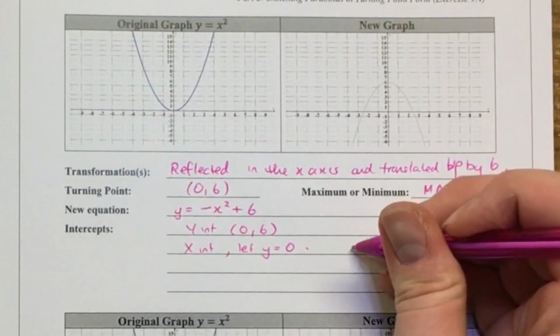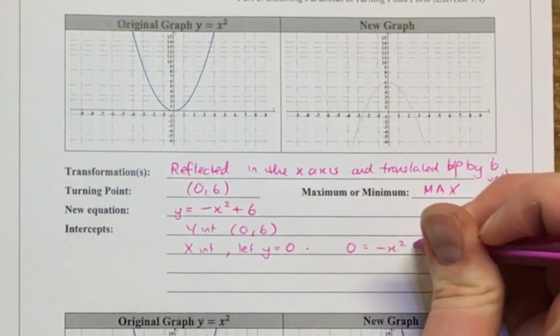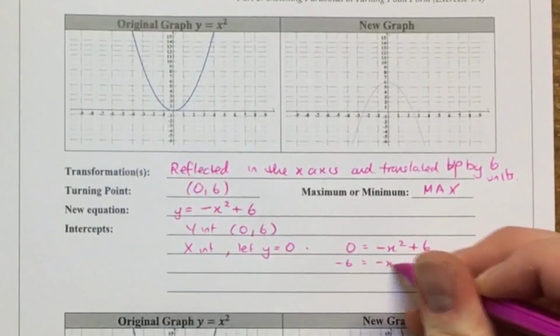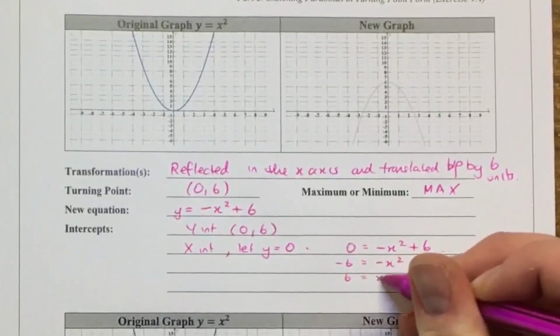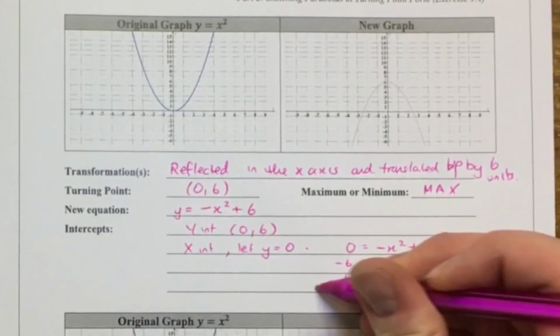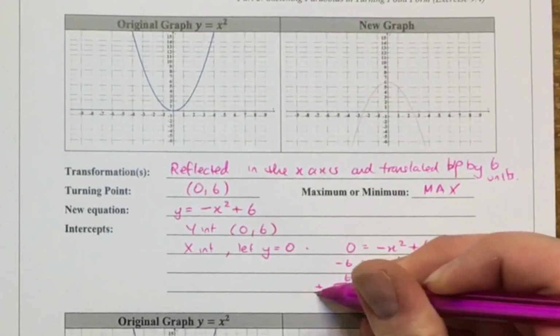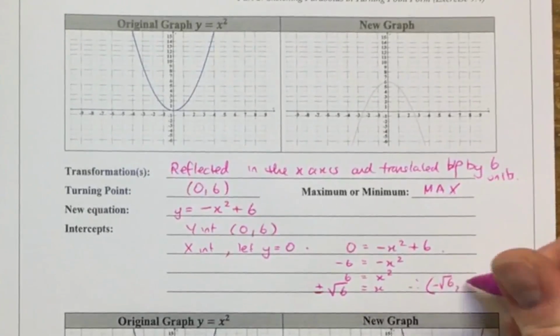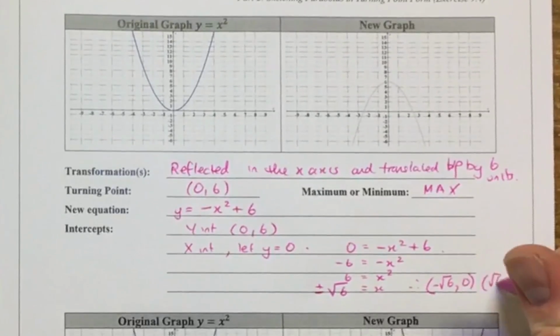So we'll get 0 is equal to -x squared plus 6. -6 is equal to -x squared. 6 is equal to x squared. So x is equal to plus or minus the square root of 6. And so the x-intercepts, one's at (-√6, 0) and one's at (√6, 0).